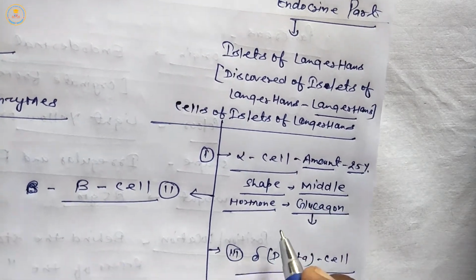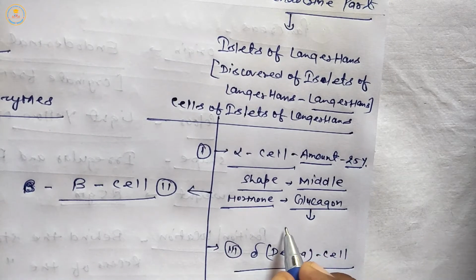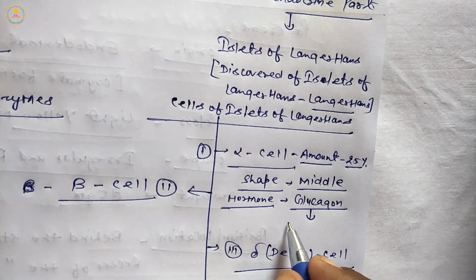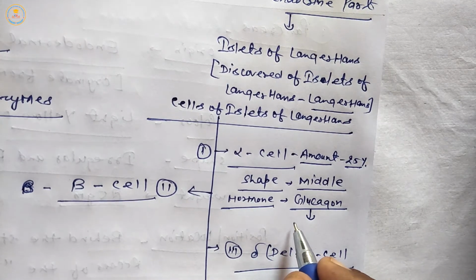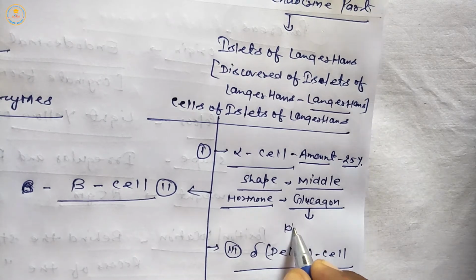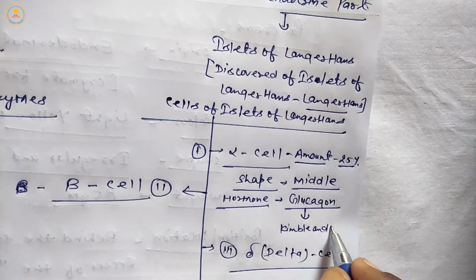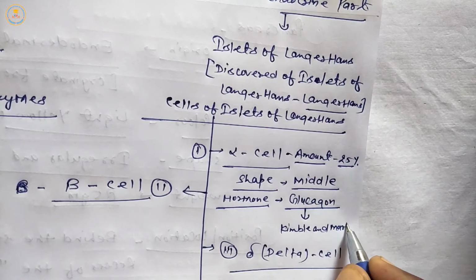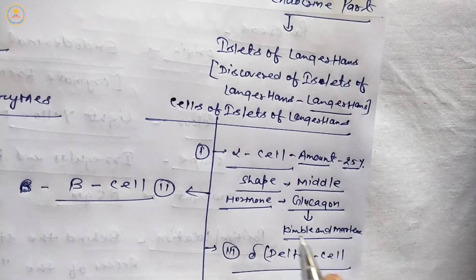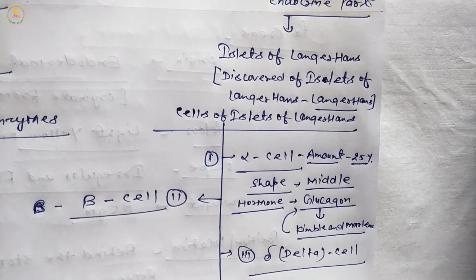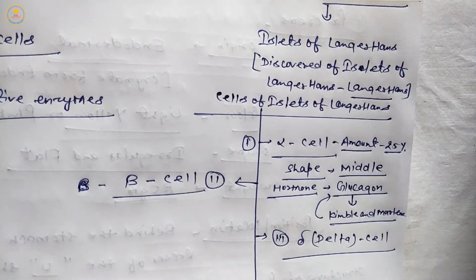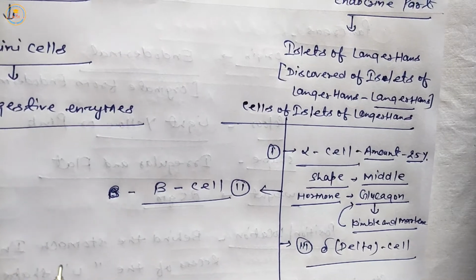Glucagon hormone was discovered by Kimball and Murlin.